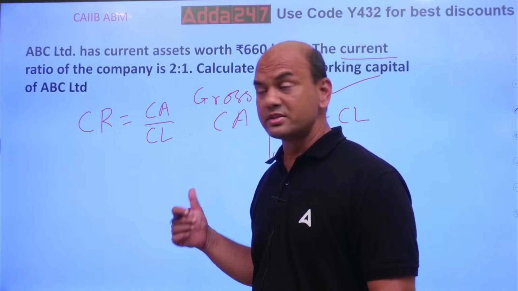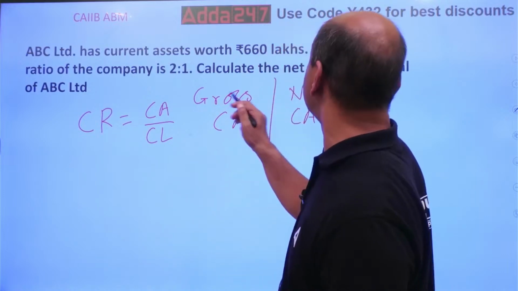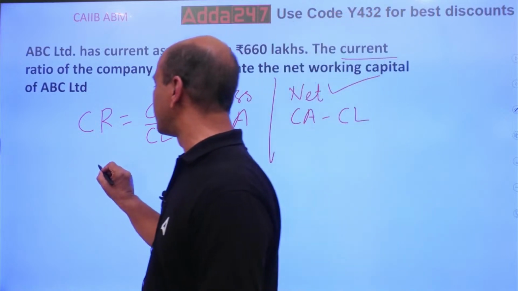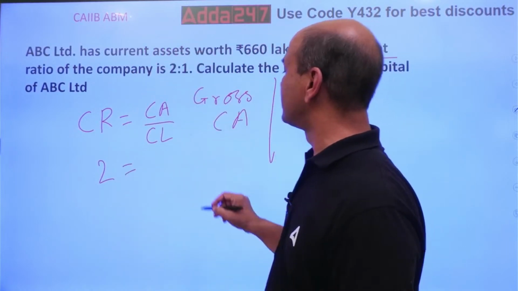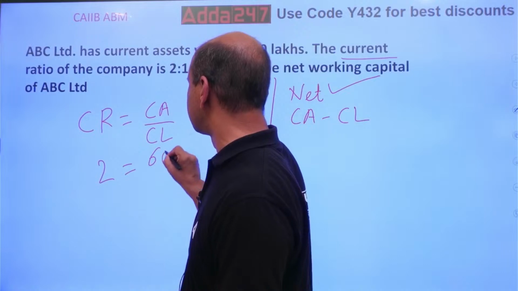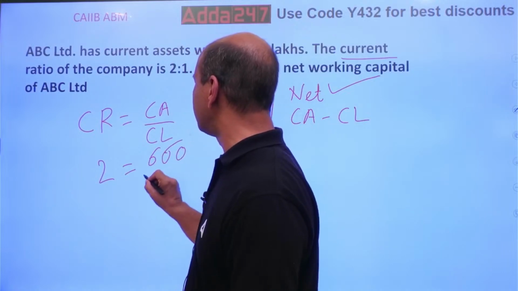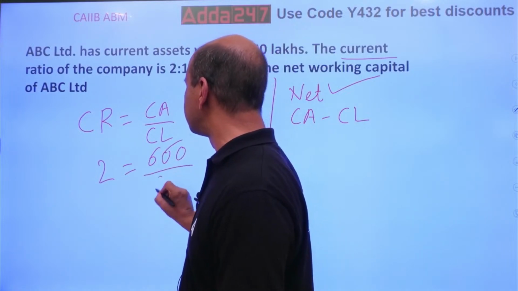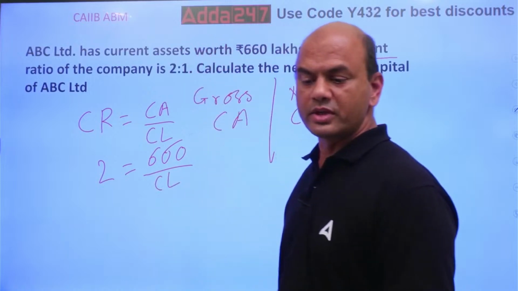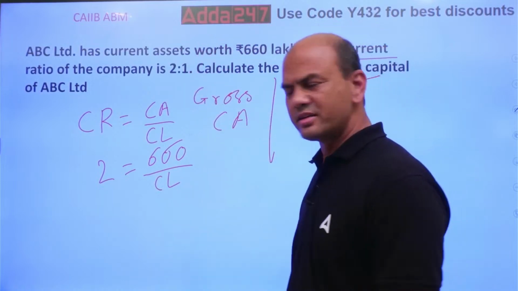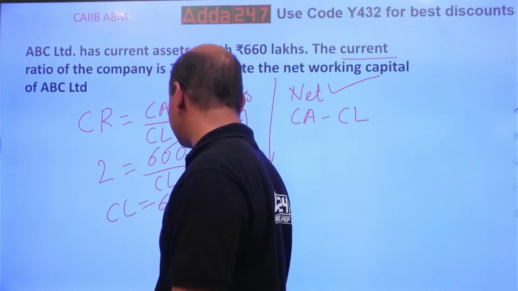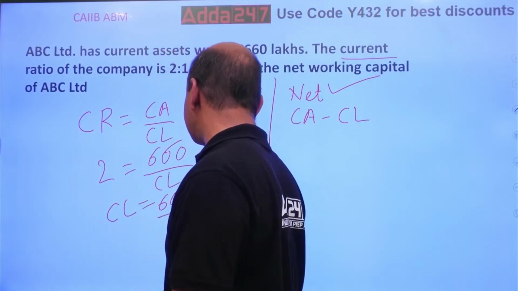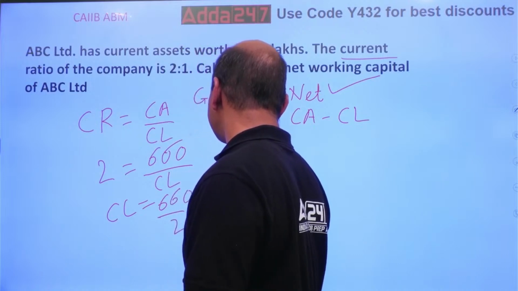Now, what is given? Current ratio of the company is given as 2:1, so take it as 2. And current assets are given as 660 lakhs. You want current liabilities, CL. So CL equals 660 divided by 2, which is 330 lakhs.